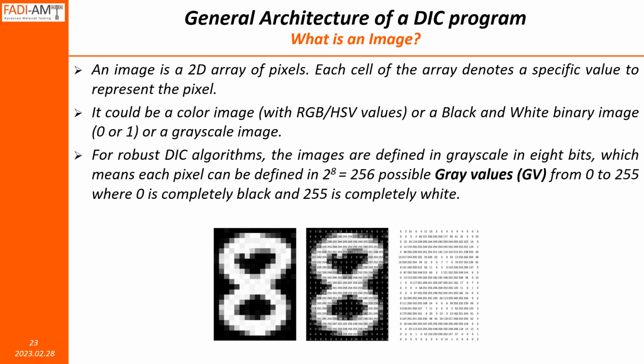That's how a computer understands an image, basically a gray value image. For other types of images, for example a color image or HSV RGB image, there are other codes, but DIC algorithms typically work on gray value images. So that's what we'll focus on today.